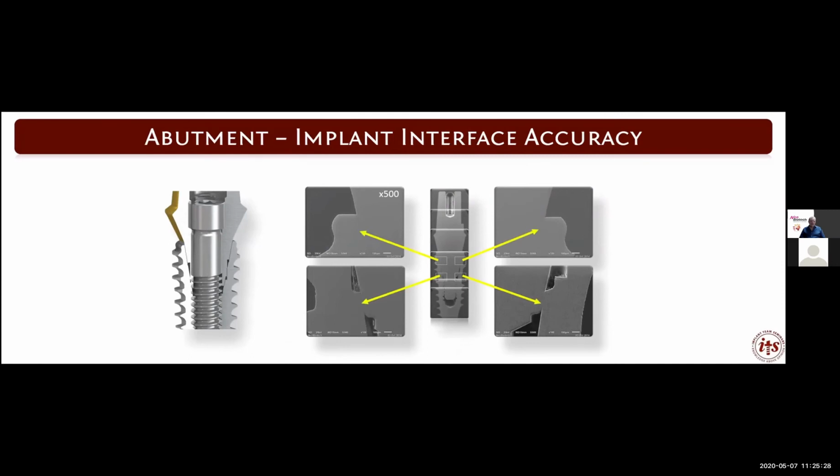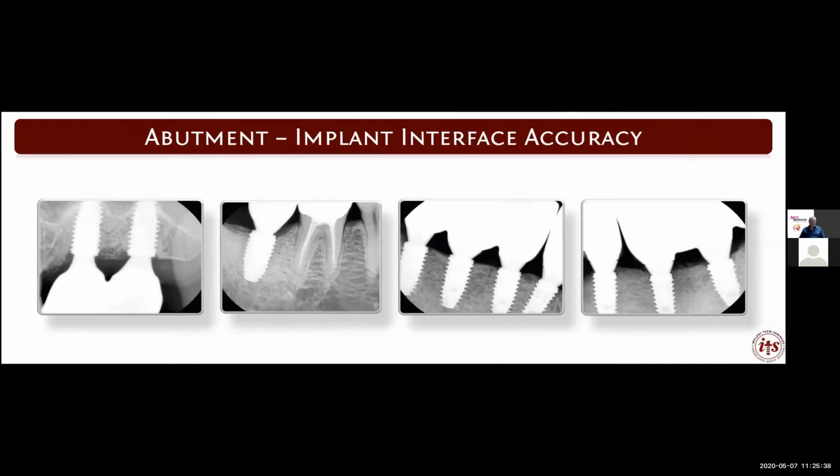There is an accurate fit of the abutment to the implant with no spacing between these components. We can see this on this slide, the accuracy of the abutment implant interface. And that is the reason why this collection of x-rays shows very good bone support. You see the sloping shoulder and a very nice restorative case.